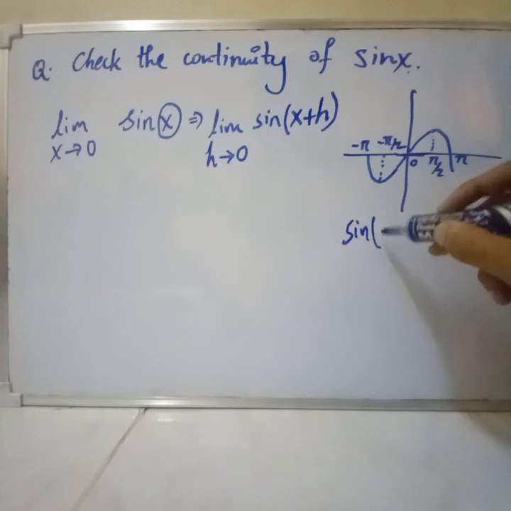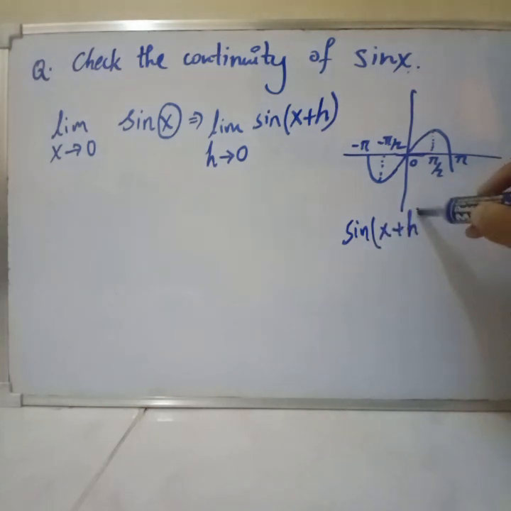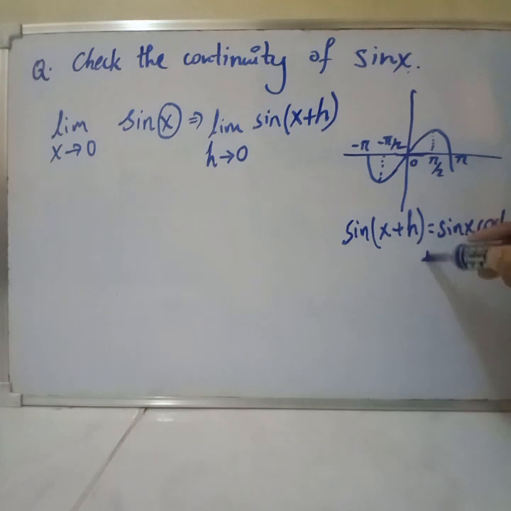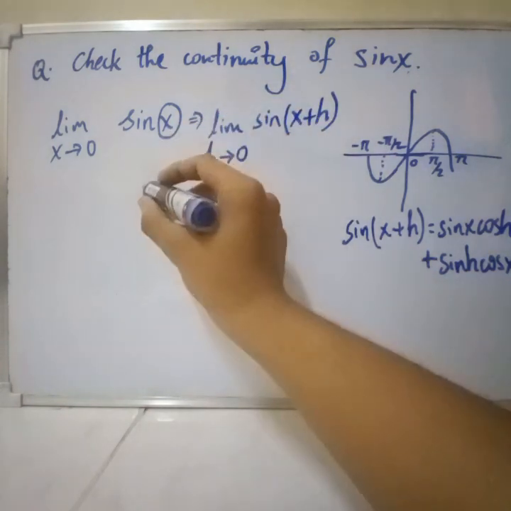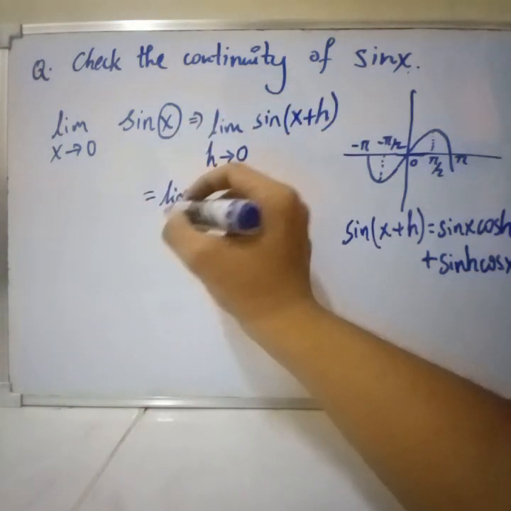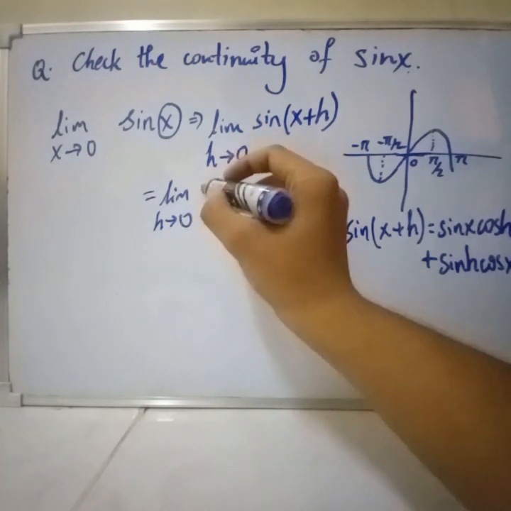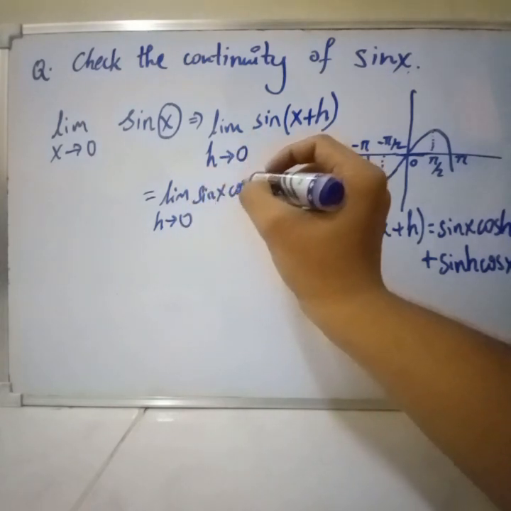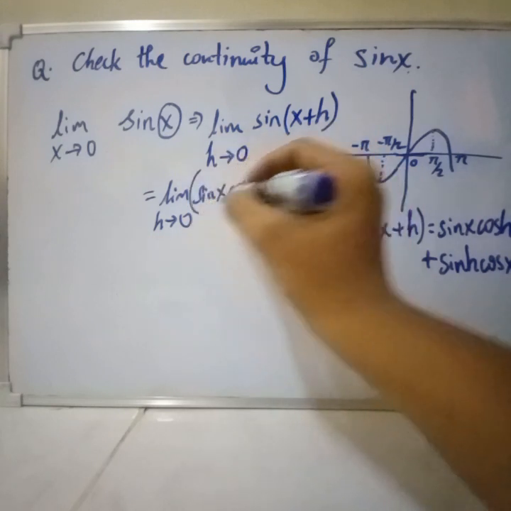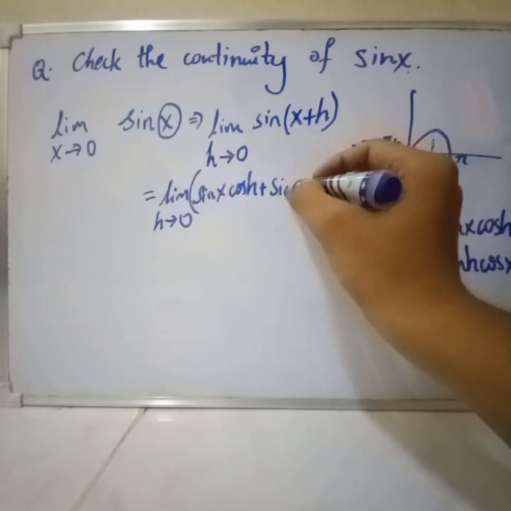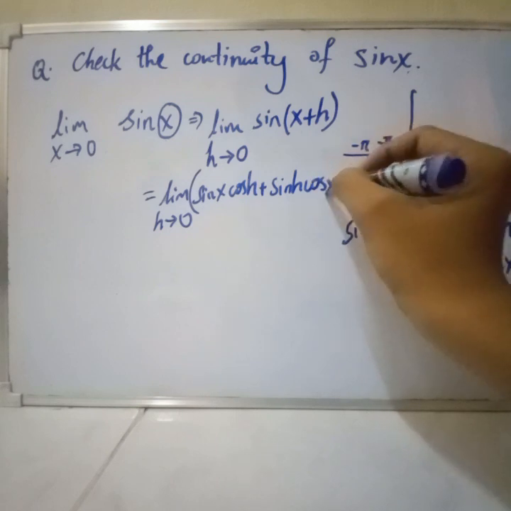We know that sine of a sum can be written like this: sine of x times cos of h plus sine of h times cos of x. So this is a condition here. So when we do this, it will be the limit as h tends to 0 of sine x cos h plus sine h and cos x.